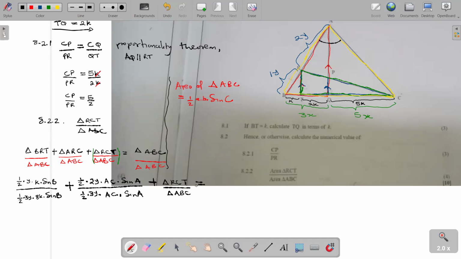This must be equal to area of triangle ABC divided by area of triangle ABC. We get 1. Any variable divided by itself is 1.